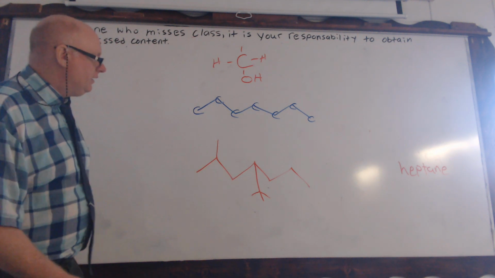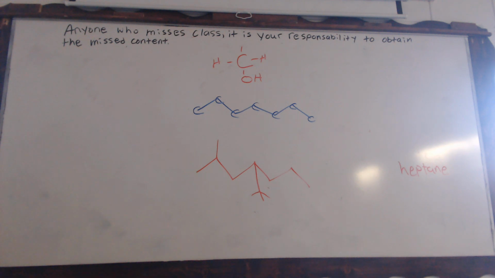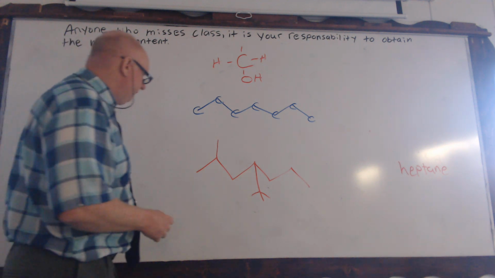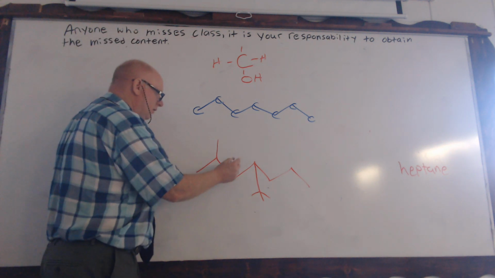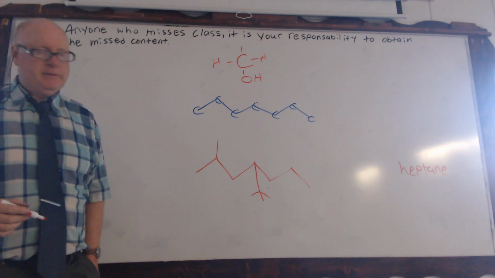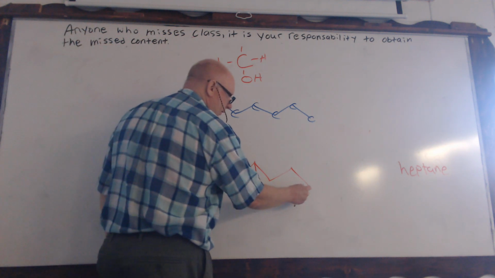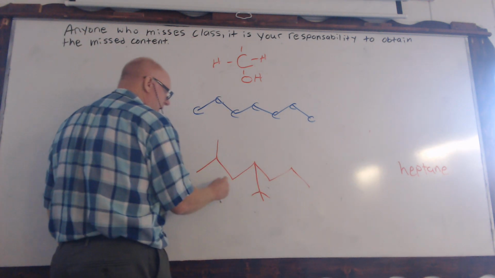So now we have this heptane molecule, which has methyl groups on which carbons? 2 and 4, right? Yes, 2 and 4. So then we can't go this way. 1, 2, 3, 4, 5, 6.